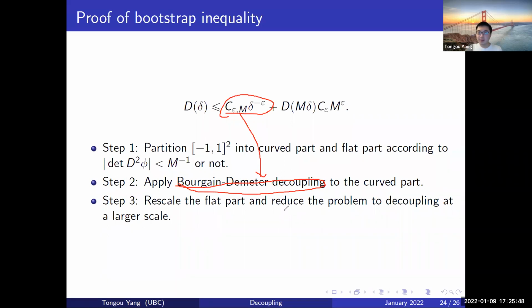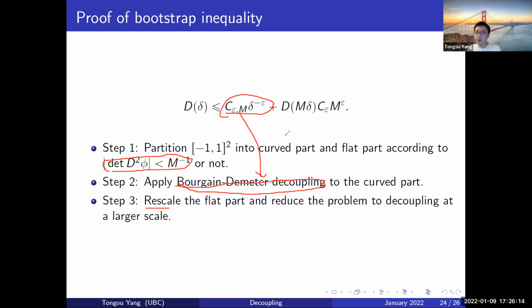And for the flat part, we apply a very detailed and very subtle rescaling to this part. To the flat part, we can transform the decoupling of the function phi into the decoupling of some scaled function phi, like phi tilde.